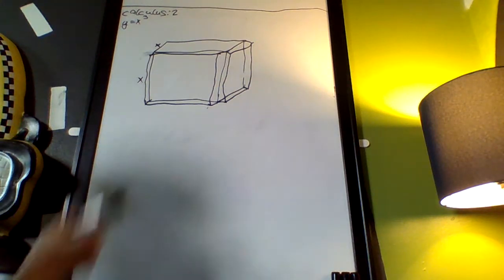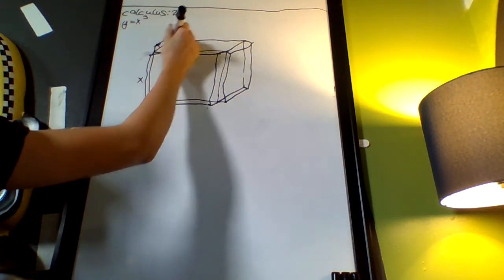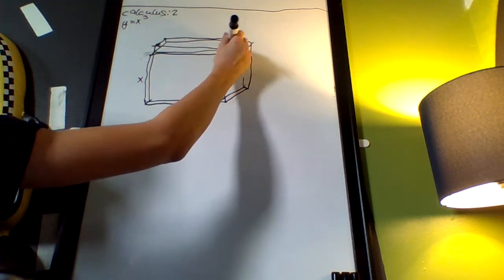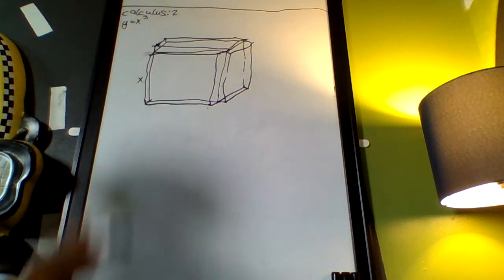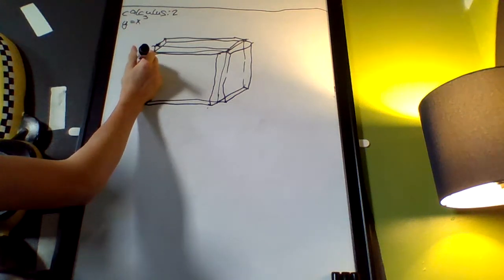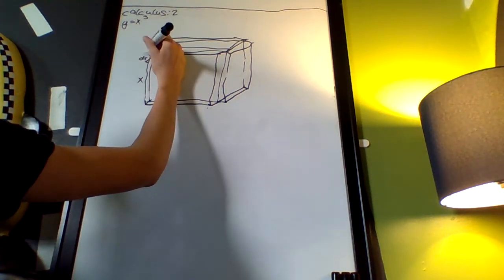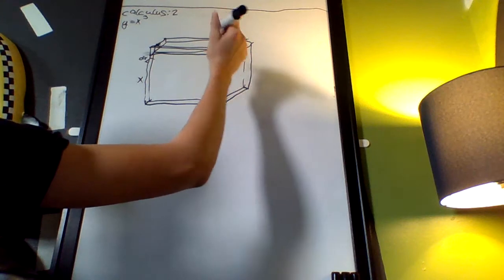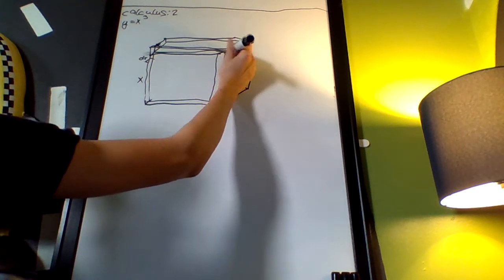So then there'd also be a little amount on here. I think you get the picture. And all of these have a sort of depth of dx. So, let's make sure we have all of the pieces and the parts.